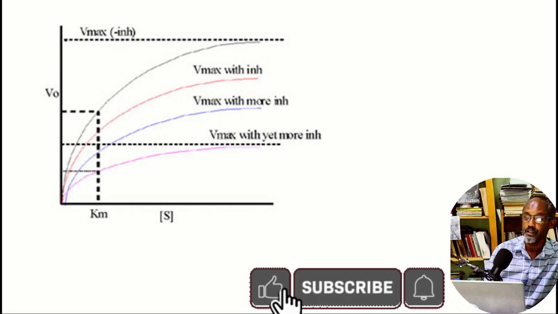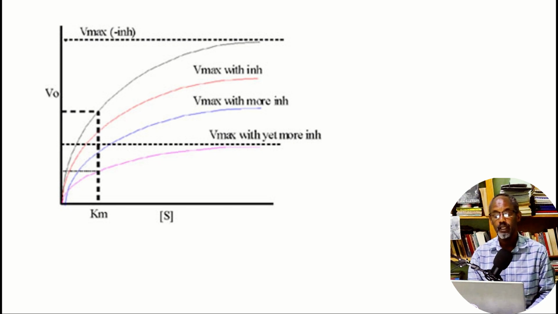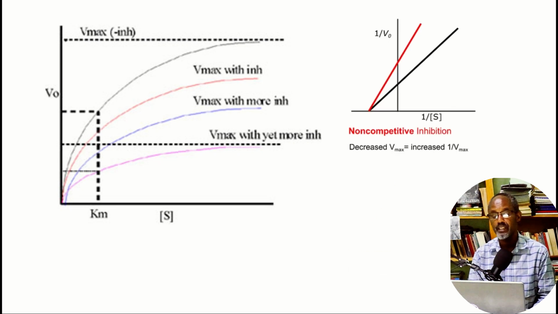As we increase the amount of non-competitive inhibitors, the Vmax keeps on decreasing, but the Km remains the same in this graph. You also have the other version of the graph, the Lineweaver-Burk plot: decreased Vmax, increased 1 over Vmax, and the Km value is constant here.